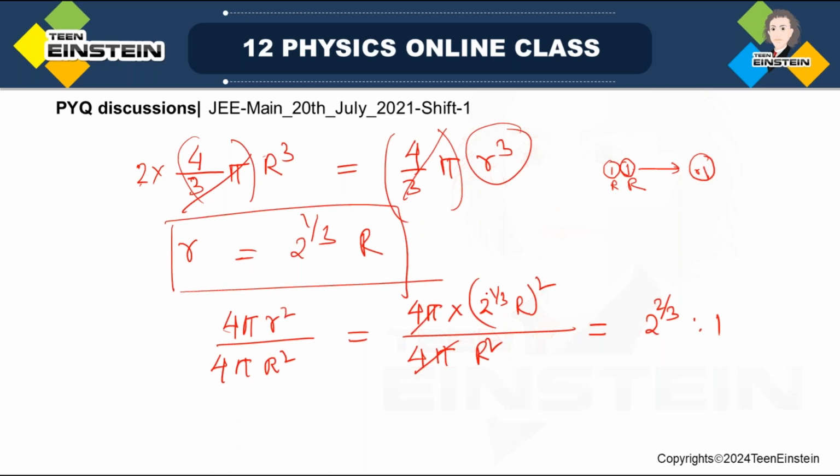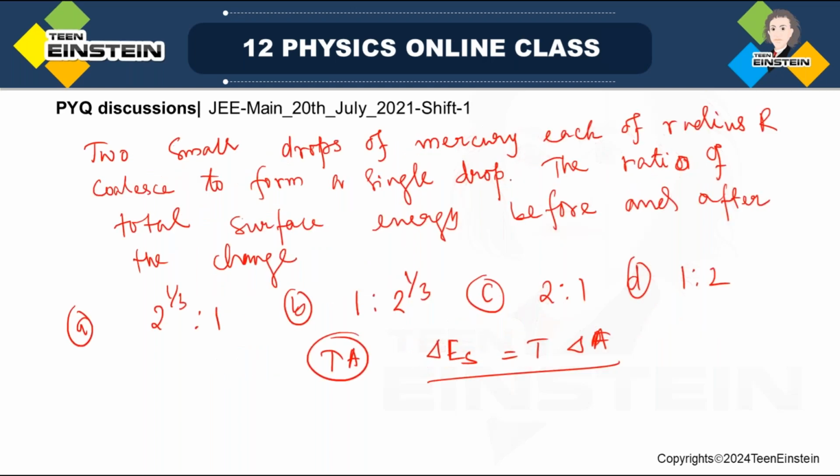Let me cross check once again. Let me read the problem once again. The question says, two small drops of mercury, each of radius r, coalesce to form a single drop. The ratio of the total surface energy before and after the change.